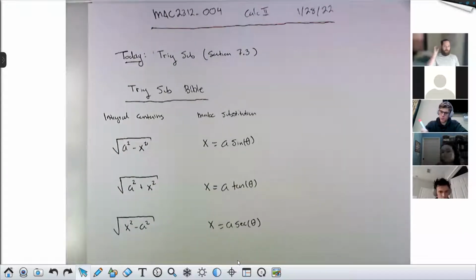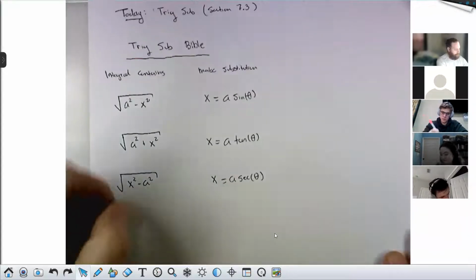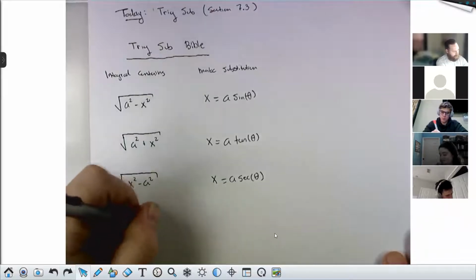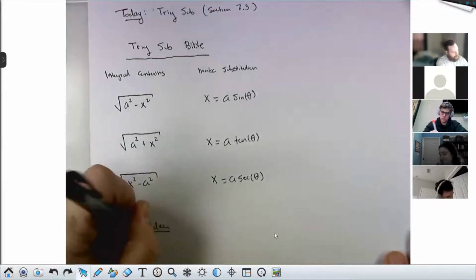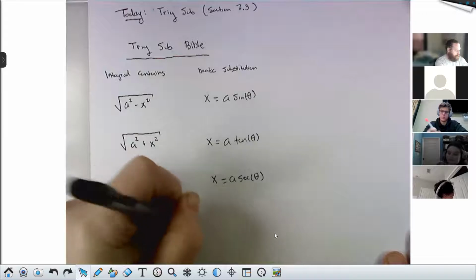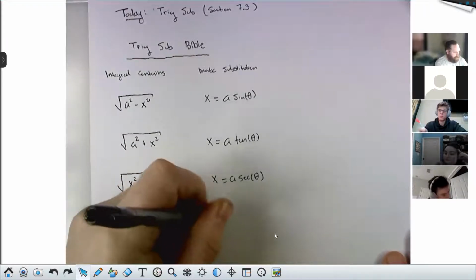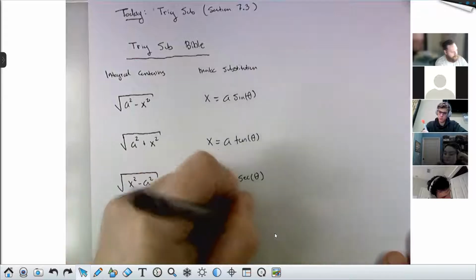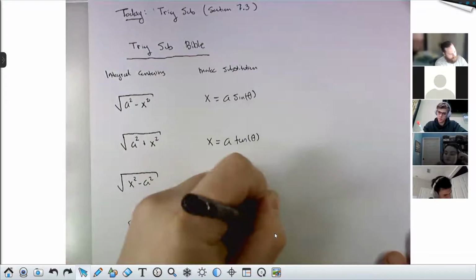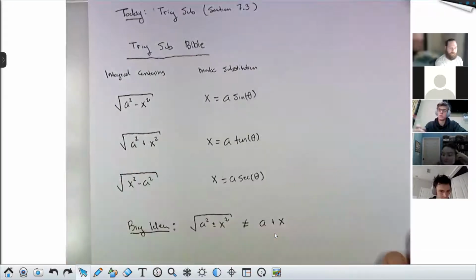So this is your Trig Sub Bible or guideline, whatever. If you see something that looks like this, you're probably going to do a substitution like this. The big idea is that the square root of something like a squared plus or minus x squared is not the same as a plus or minus x.